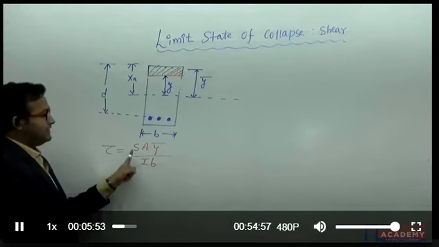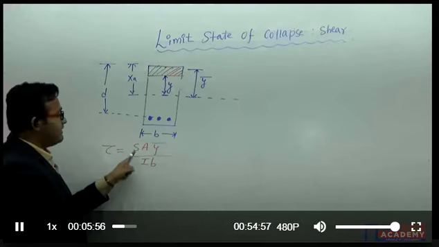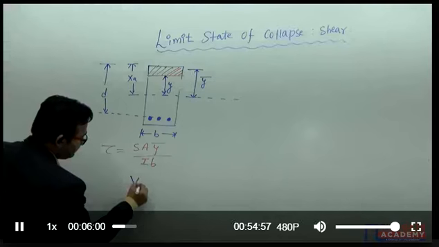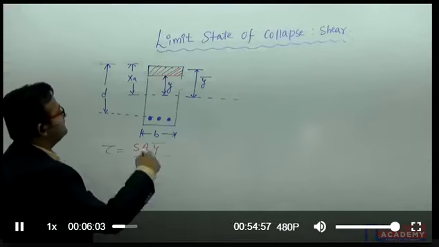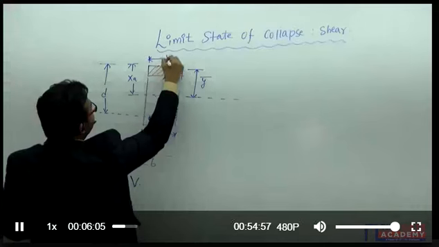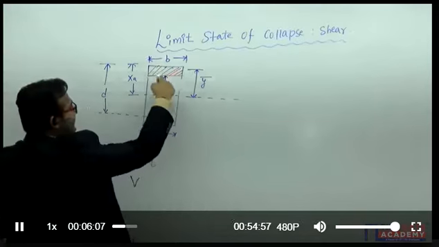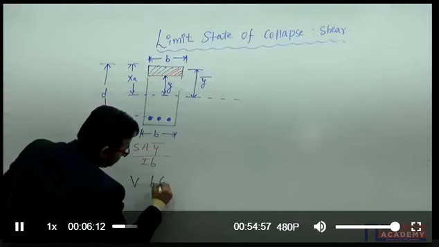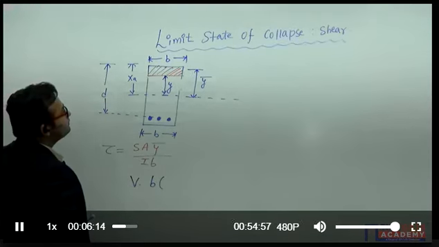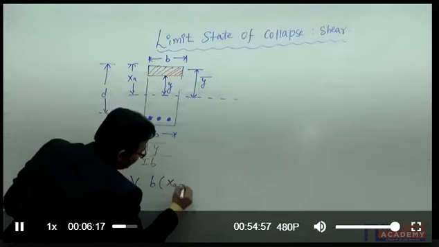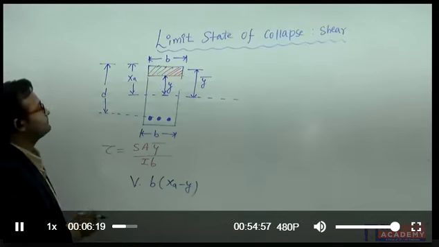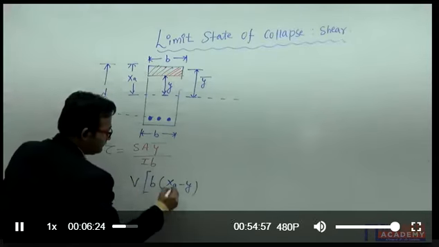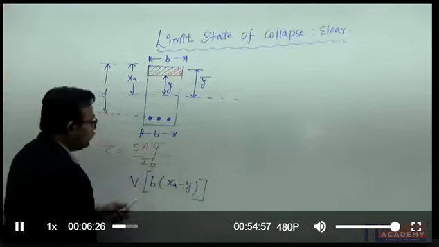Here I can calculate the shear stress distribution, where S is the shear force. Suppose the shear force is V, into area. The width is given, B. This red colored area I can calculate, and it is equal to B into X A minus Y. This is the area, into Y bar.